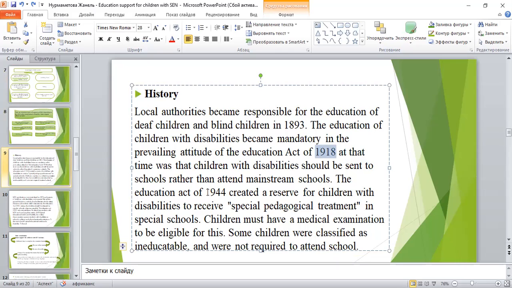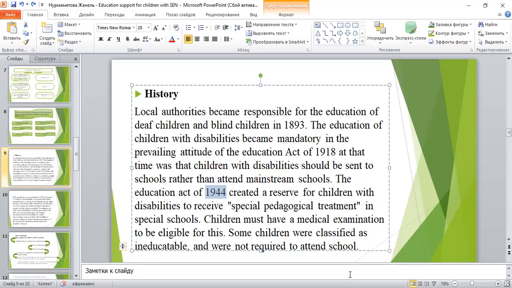And this year 1944, what happened in that year? Yes, the Education Act created a reserve for children who have disabilities to receive special pedagogical treatment. And from that time, the children who needed special pedagogical treatment began to study in such schools, which are called special schools.